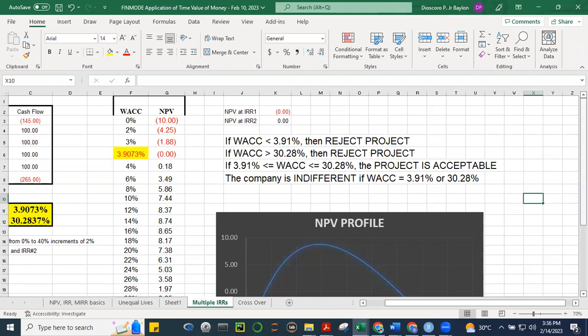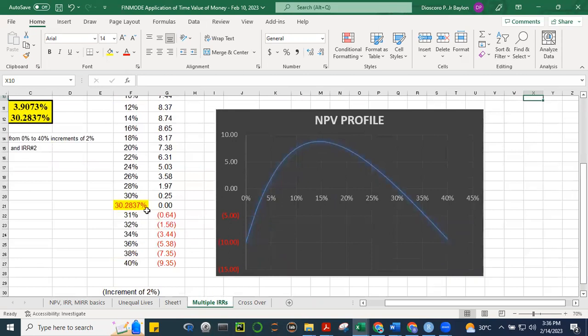If WACC is greater than 30.28, ganun din. If it's greater than around 30.28%, then reject the project also because at these rates of return, di ba, the NPV will be negative. So, yan.